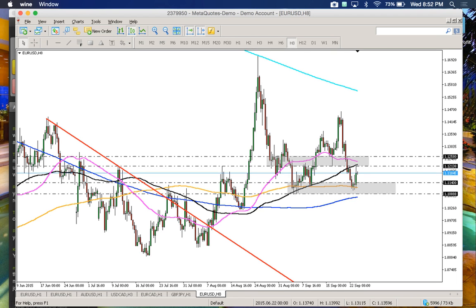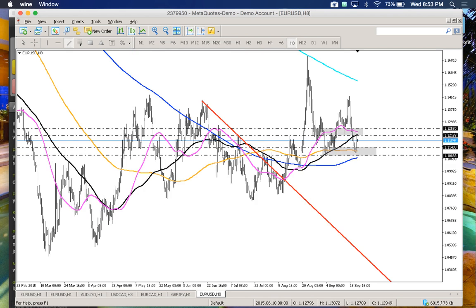See? Boom, wicks, hits, breaks, resistance, support.